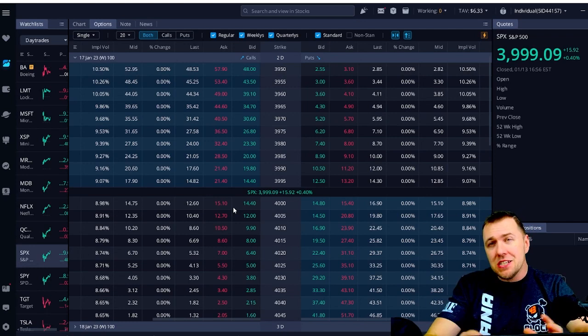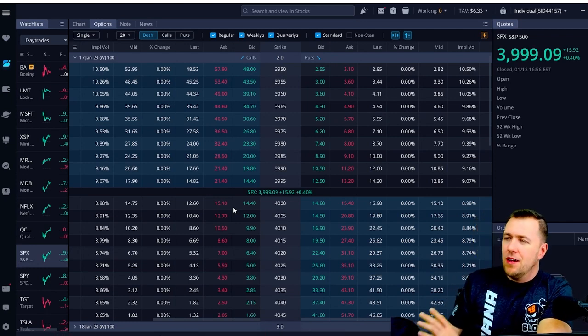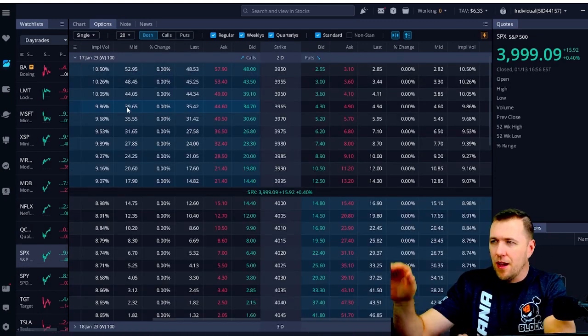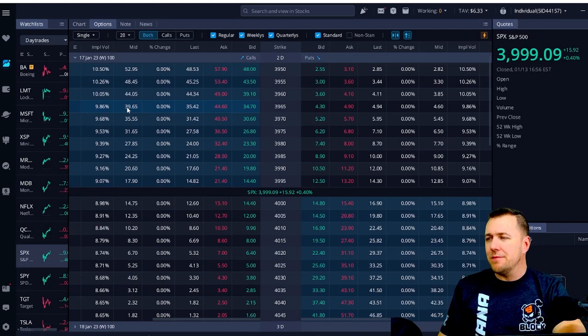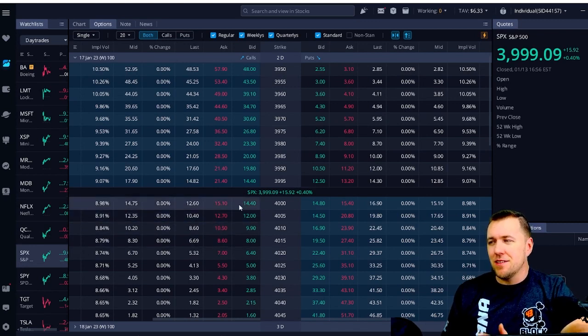Now, patience comes into play because as the day gets closer to the bell, these contracts decay and become significantly less. I can't pull up last week's contracts here, but at the bell, we're going to see these contracts be worth far less money than they are now.